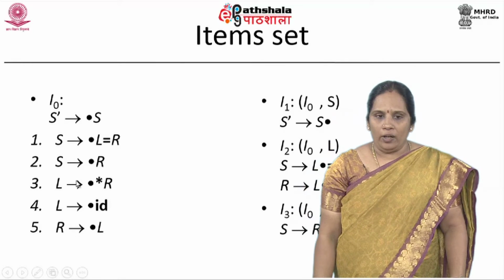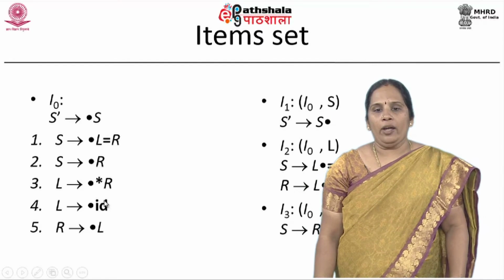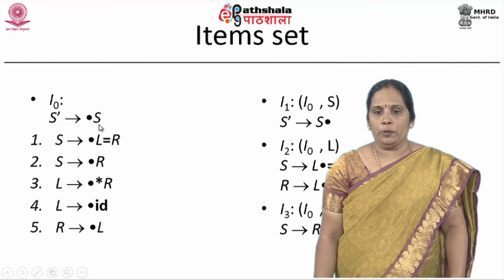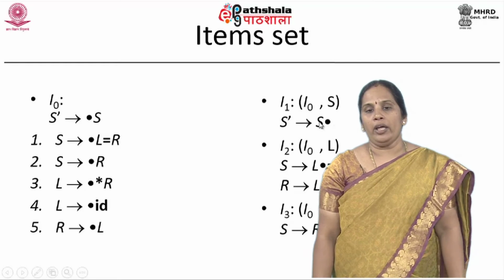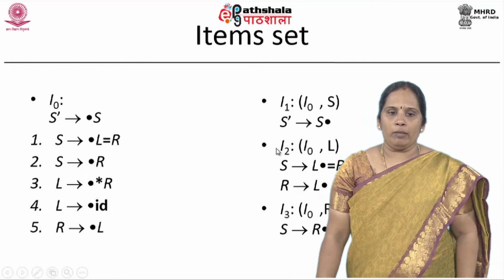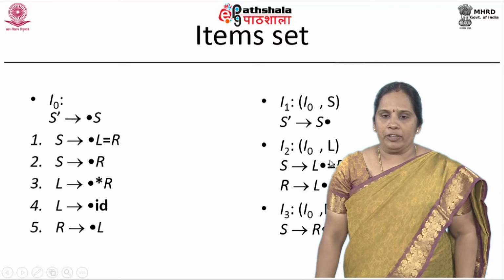Now, I have to find I naught comma S, I naught comma L, I naught comma R, I naught comma star and I naught comma ID. I naught comma S is very simple: S dash produces S dot, shift the dot by one position to the right, okay. And I2 will be I naught comma L, so two productions qualify. So, I have S produces L dot equal to R and here I have R produces L dot, okay.